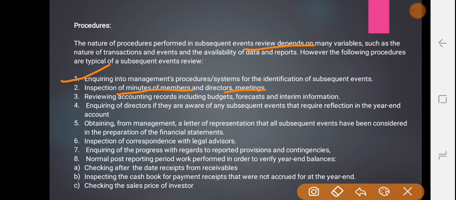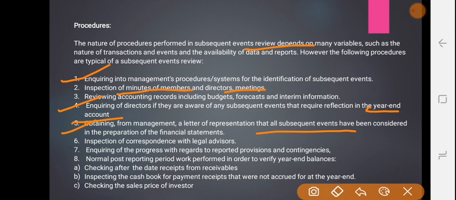Reviewing accounting records, including budget, forecast, and interim information. Inquiring of directors if they are aware of any subsequent event that requires reflection in the year-end account. Obtaining from management a letter of representation that all subsequent events have been considered in the preparation of the financial statement. This is very important.